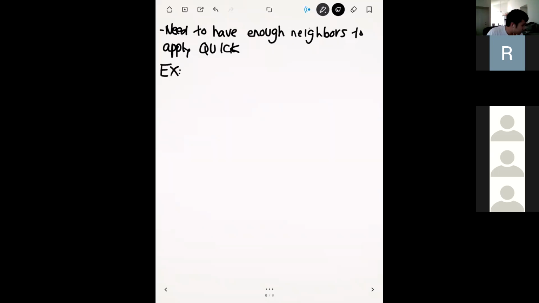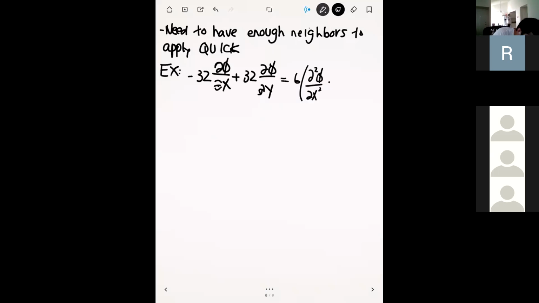So this is homework problem 2, part C. Let's say we have this problem: minus 32 dphi/dx plus 32 dphi/dy is equal to 6 times d squared phi/dx squared plus d squared phi/dy squared.